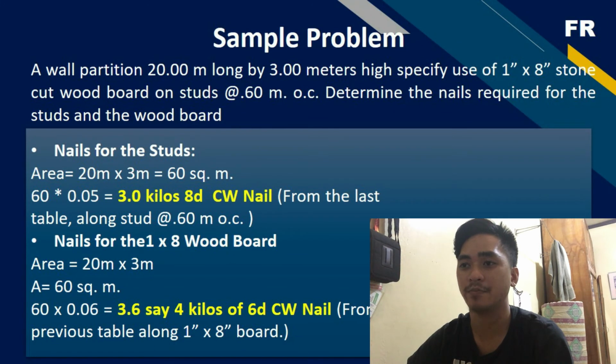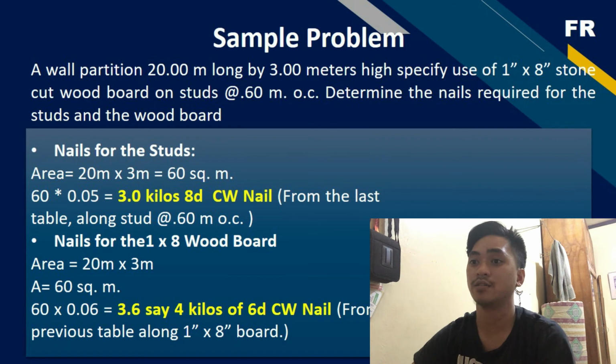So we have 3.6 kilos. We rounded off to 4 kilos. And then following in the table is the size of 6D and HCW nail, which is also from the table.